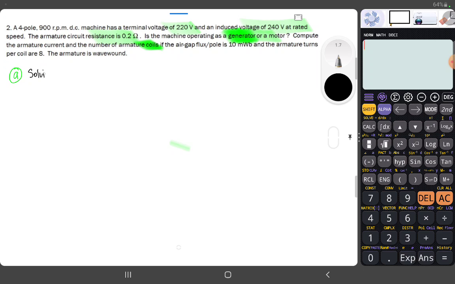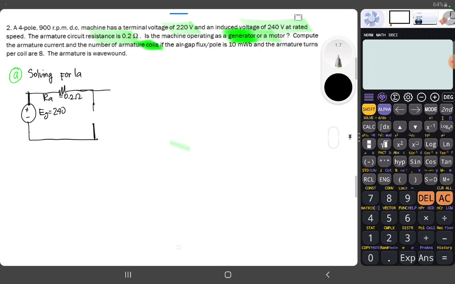So solving for IA. Before you solve this one, if you cannot understand the problem at first, it is necessary to draw the diagram: EG equal to 240 volts with an RA equal to 0.2 ohm, and then we have our RSH.